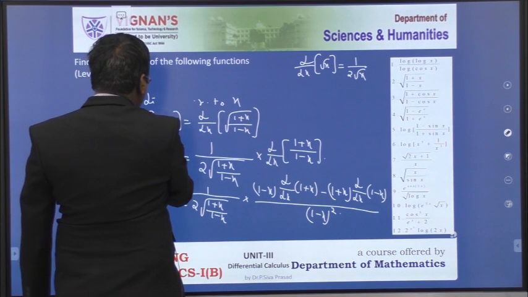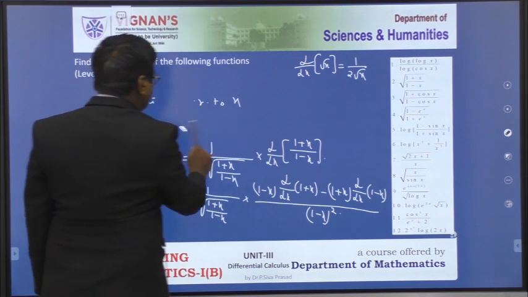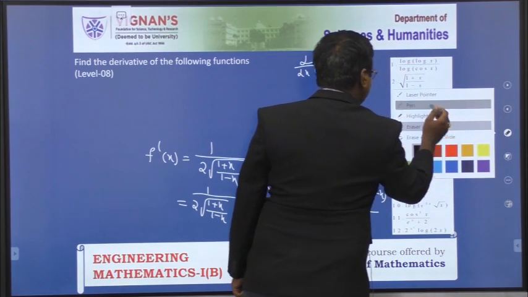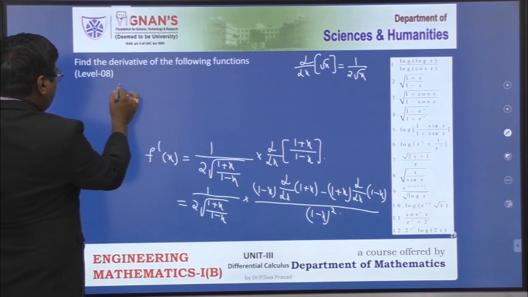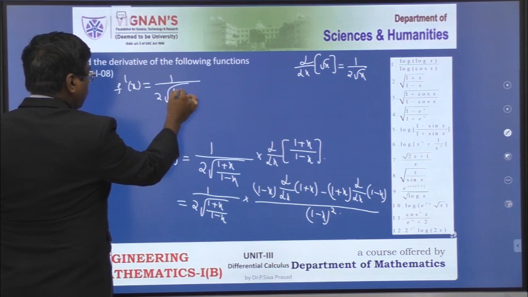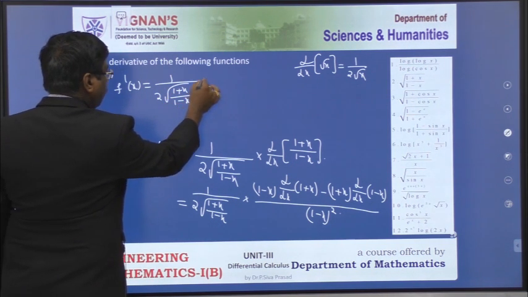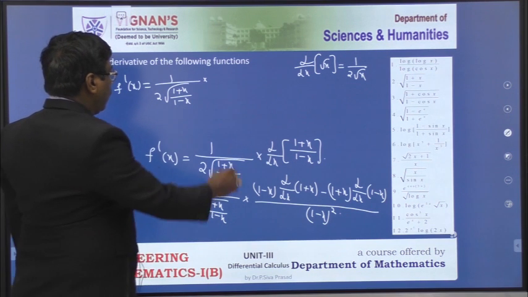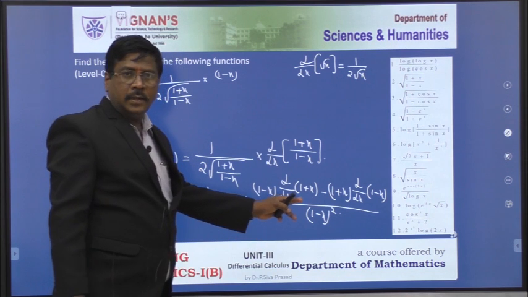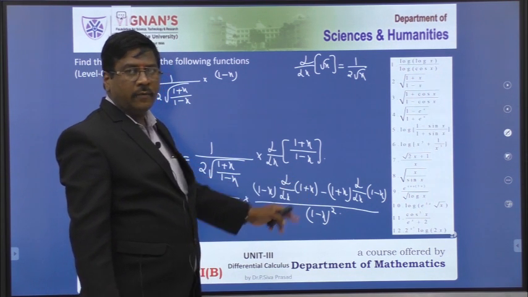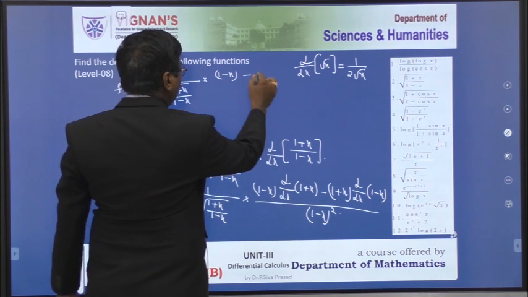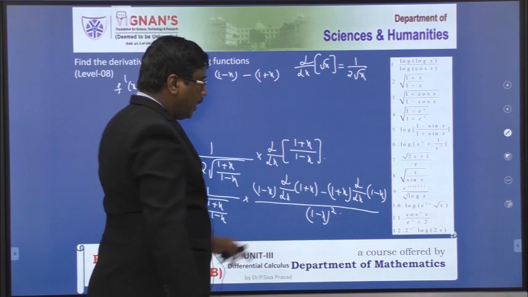So this is f of x, d by dx of f of x is f dash of x. Therefore f dash of x is equal to 1 by 2 root of (1 plus x) by (1 minus x) into (1 minus x) into d by dx of (1 plus x). d by dx of 1 is 0 and d by dx of x is 1, minus of (1 plus x) into d by dx of (1 minus x).